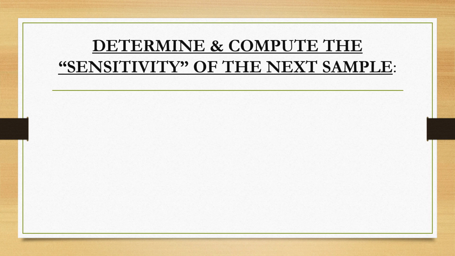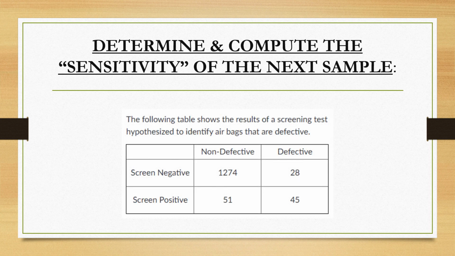So now we have some samples here. Both of them were collected from the test that we had a few weeks ago. The first one asks us to compute the sensitivity of the next sample, which says the following table shows the results of a screening test hypothesized to identify airbags that are defective.